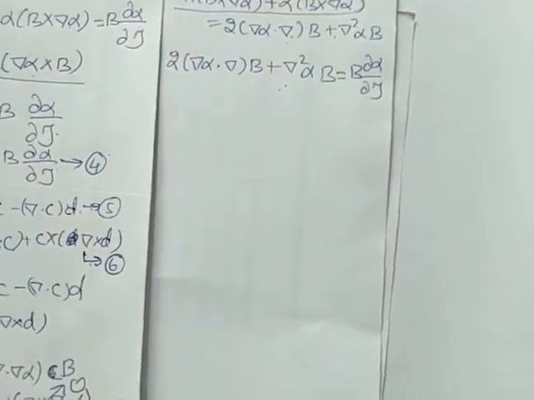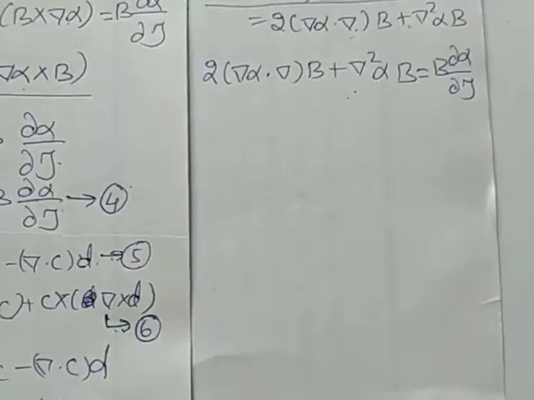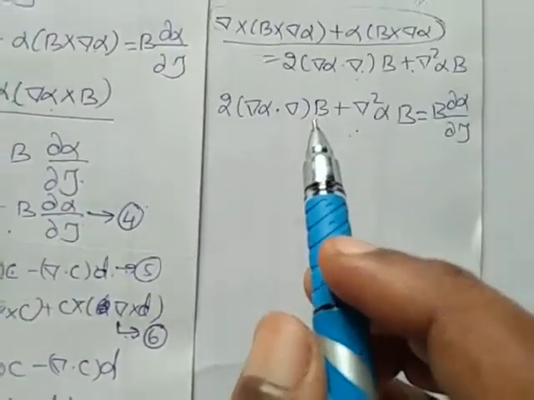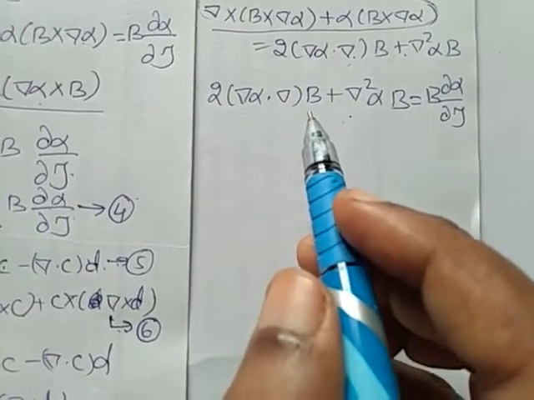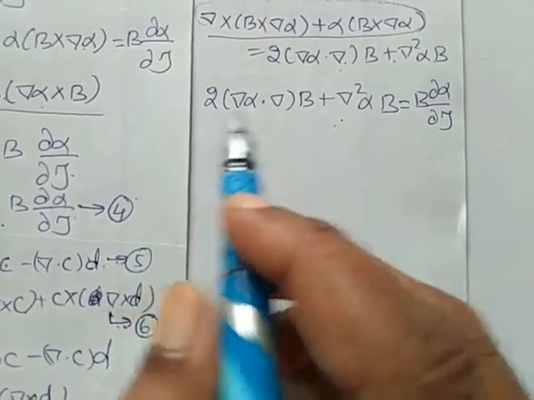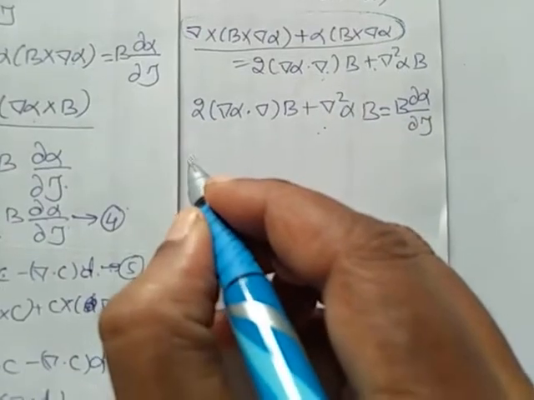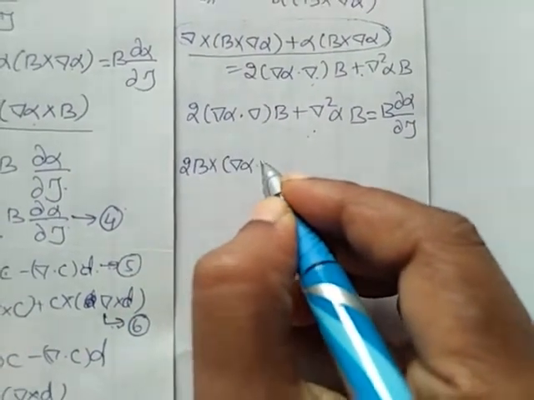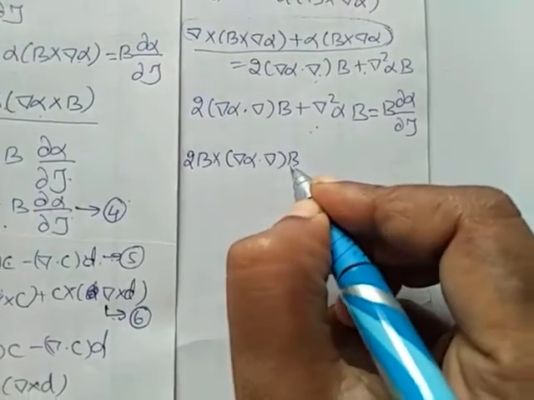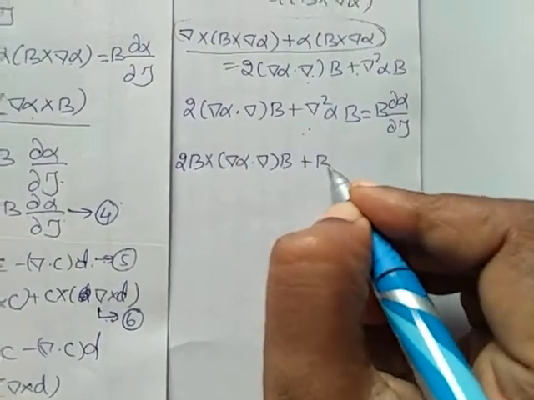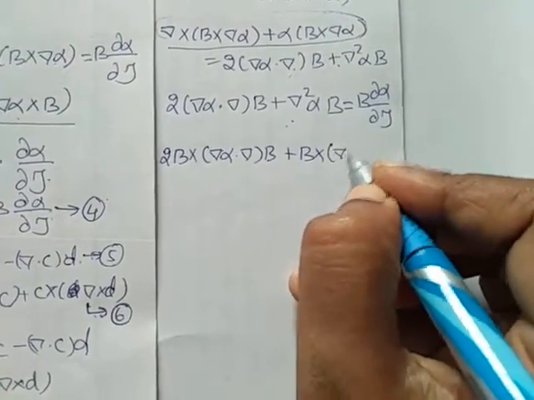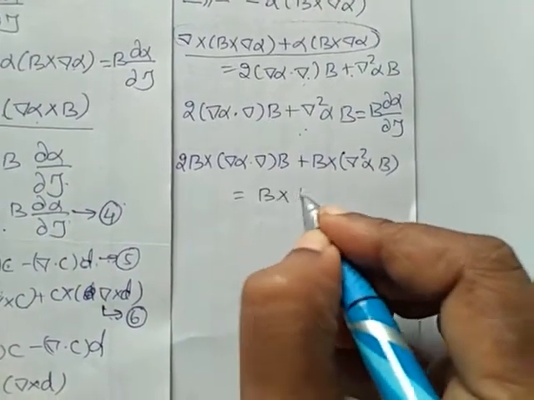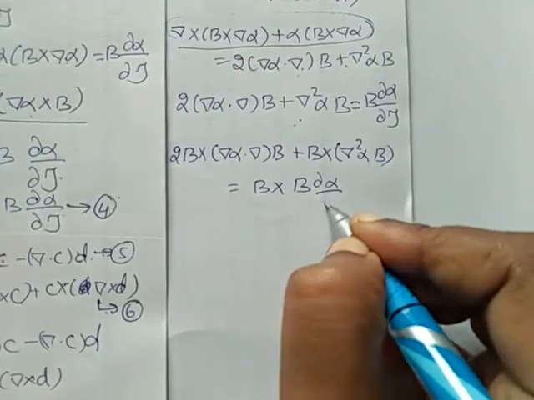This is our RHS. Now I am going to take the cross product with respect to B on both sides. So I'll get 2 is constant, B cross del alpha dot del B plus B cross del square alpha B is equal to B cross B dou alpha by dou tau.